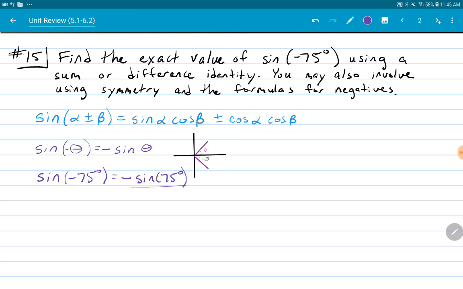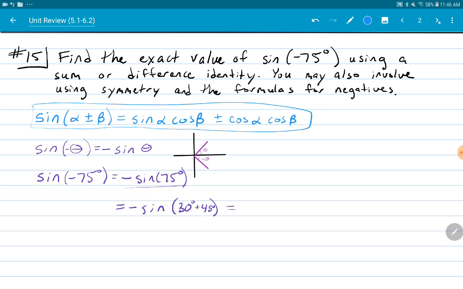And then to find sine of 75 degrees, I broke that up into a negative sine, and then instead of 75 degrees, I did a 30 and a 45. And that's where I'm going to start using this blue identity, this guy here. I'll let alpha be 30 degrees, and beta is 45 degrees.